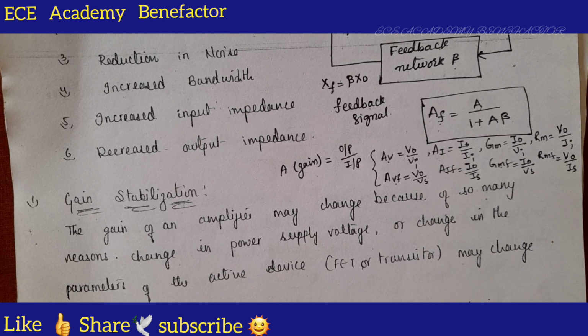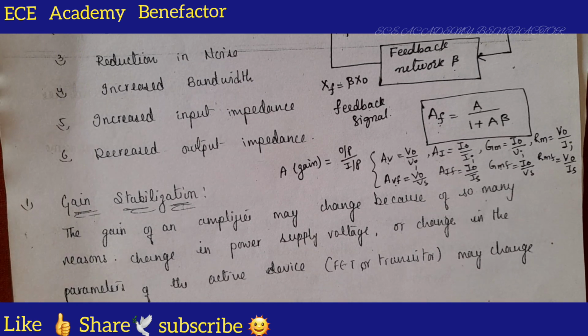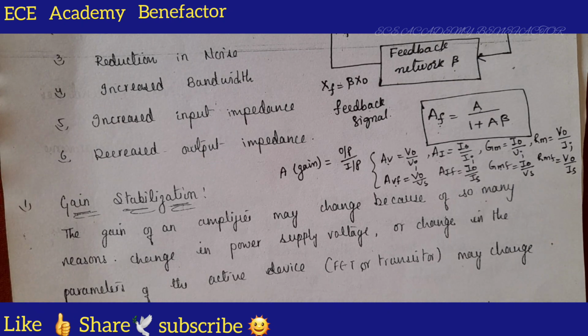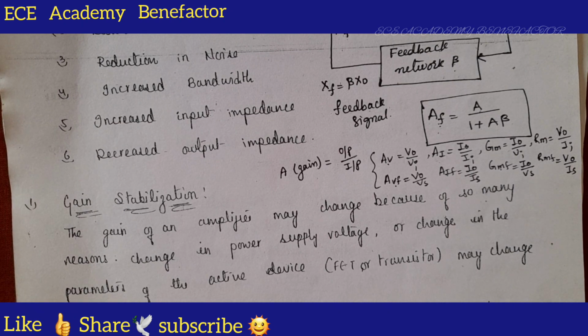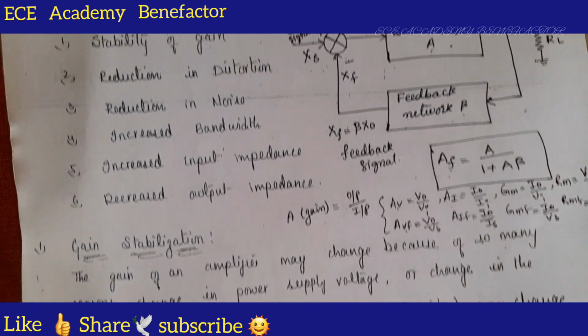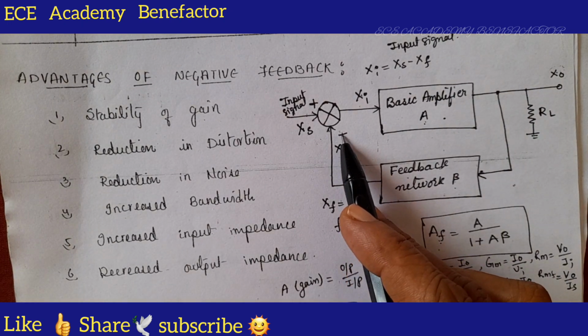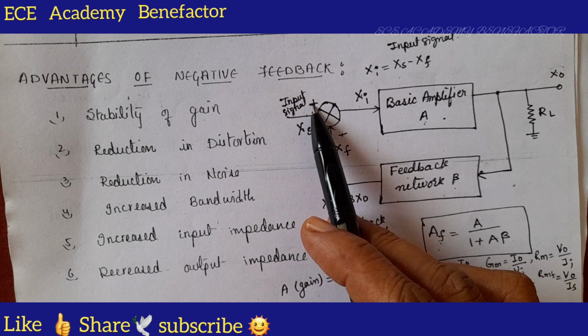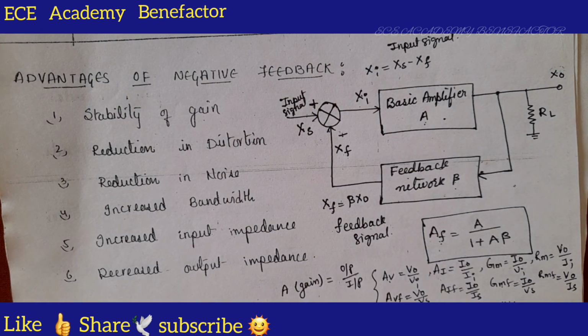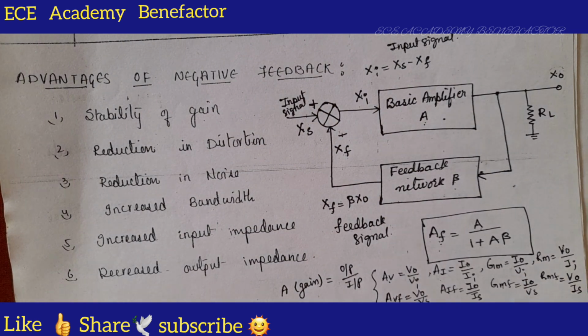So, the main requirement is gain is to be stabilized, that is stabilized by using negative feedback. And we have seen what is negative feedback. When the feedback signal is in opposite phase with the incoming signal, it is known as negative feedback.